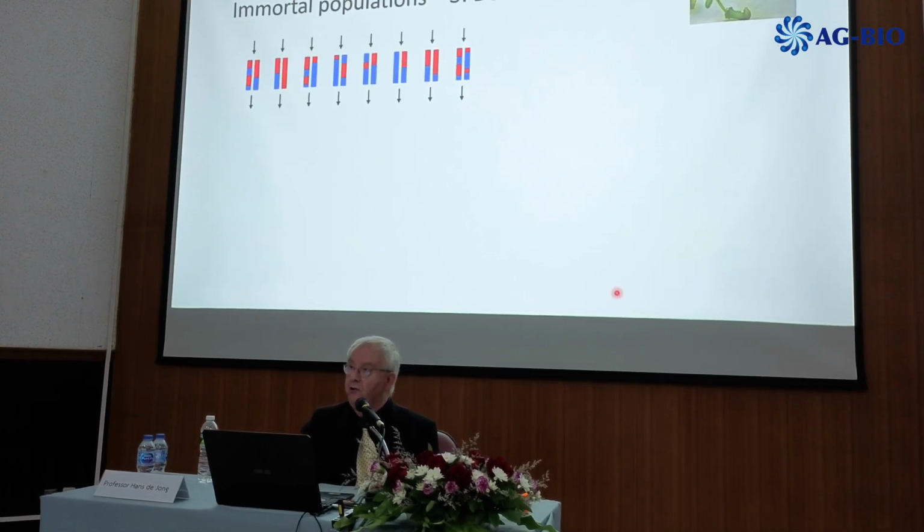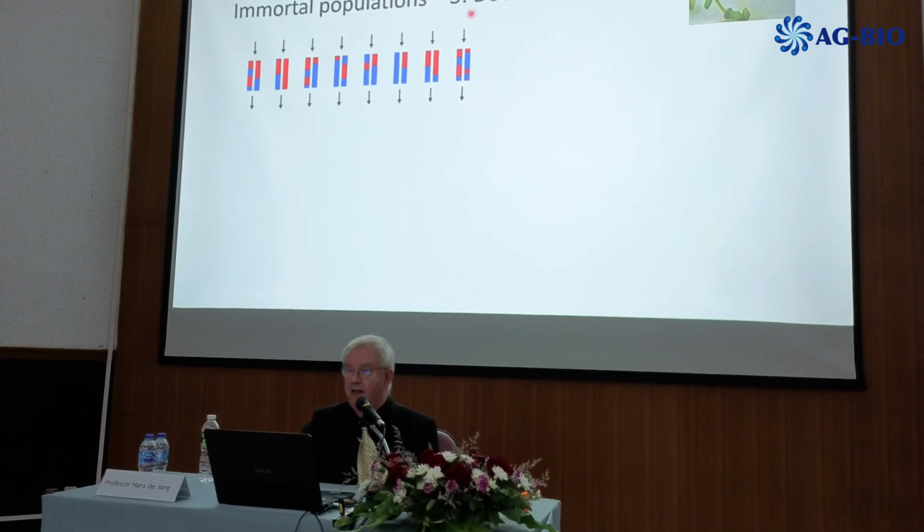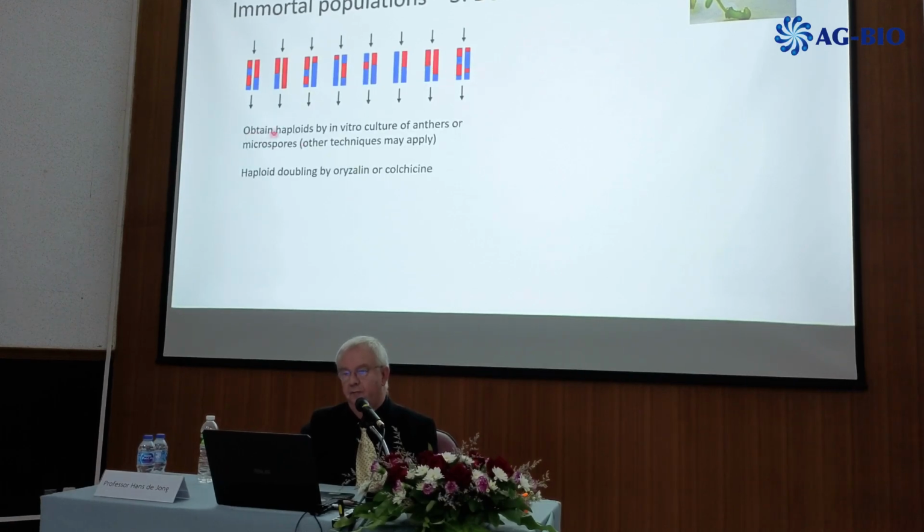As a sort of alternative to recombinant inbred lines, people thought about using double haploids. Again, keep in mind we start with the F2 population. From the F2 population, we obtain haploids by in vitro culture of anthers or microspores, in some cases even ovules, to produce haploids.